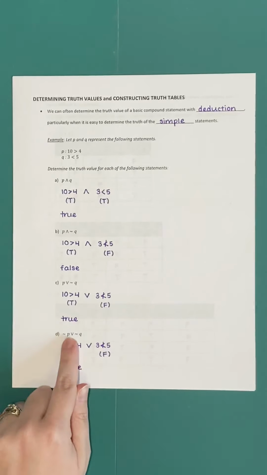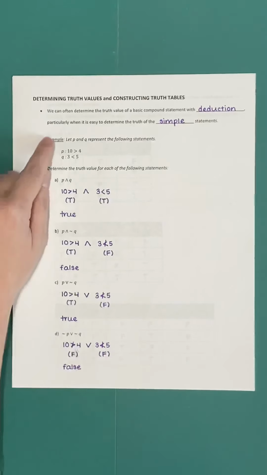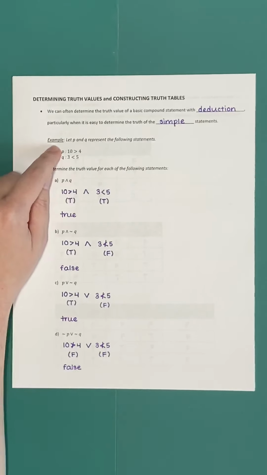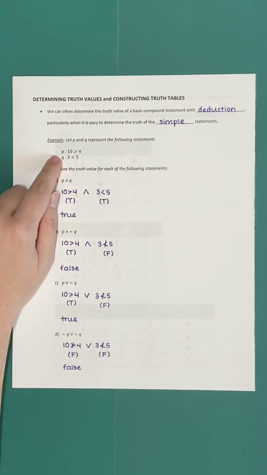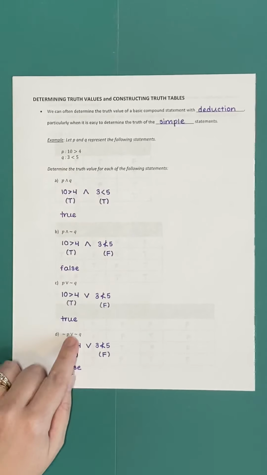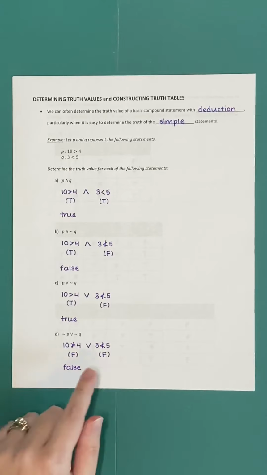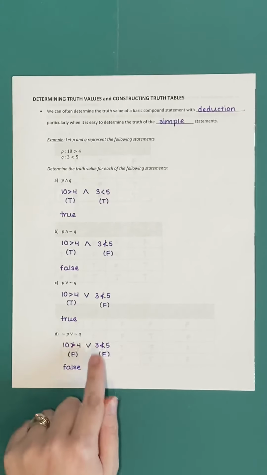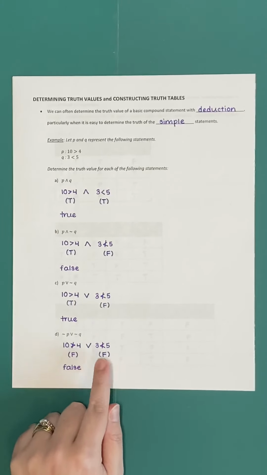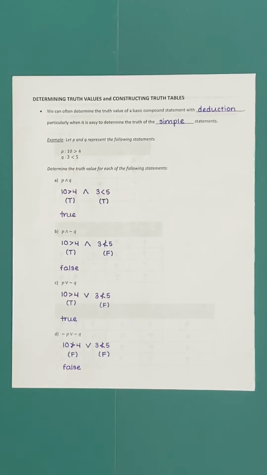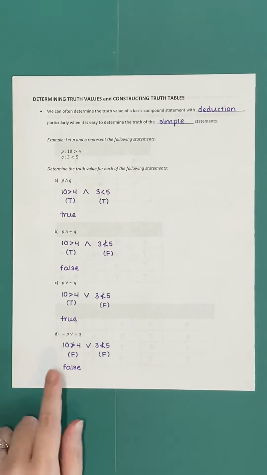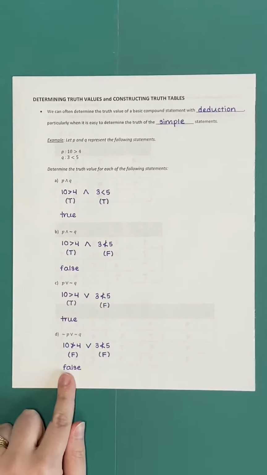And then last, not P or not Q. Not P, well, P is true, so not P is going to be false. Q is true, so not Q is also going to be false. So we have false or false. If we're combining together two false statements in this way, it's going to result in a false outcome. So this particular statement would be false.